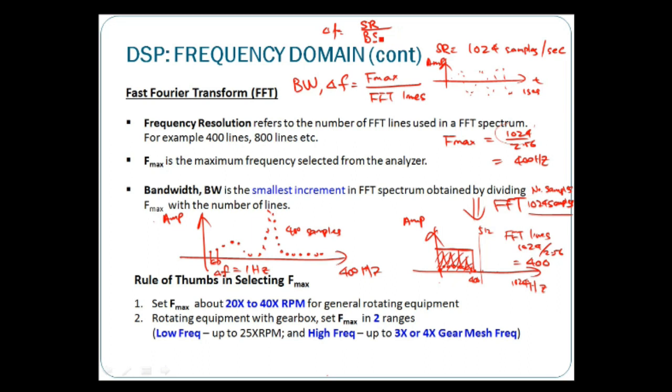Then you have to select your Fmax to cover up to that maximum frequency. Remember that Fmax and the FFT lines, or sampling rate and block size, decide how accurately you can analyze in your frequency domain spectrums.